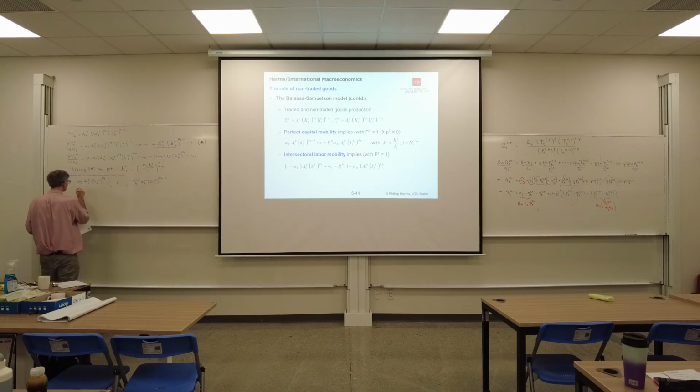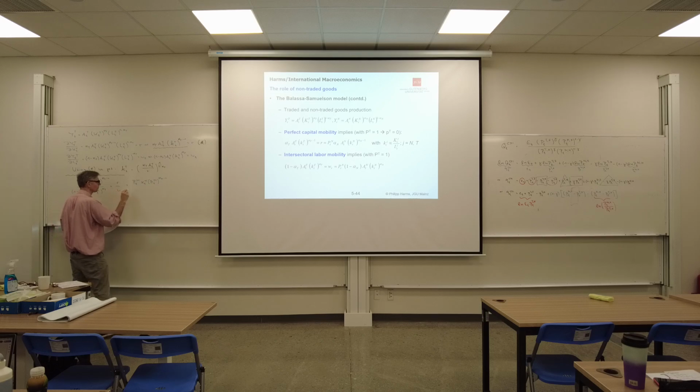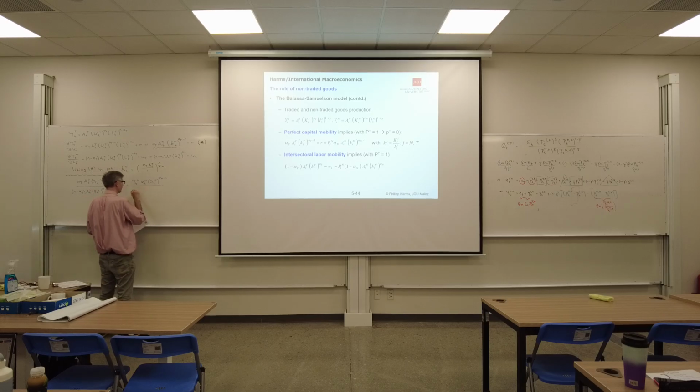And we have 1 minus alpha T ATT KTT to the power of alpha T divided by W, and we divide PTN 1 minus alpha n ATN KTN to the power of alpha n.